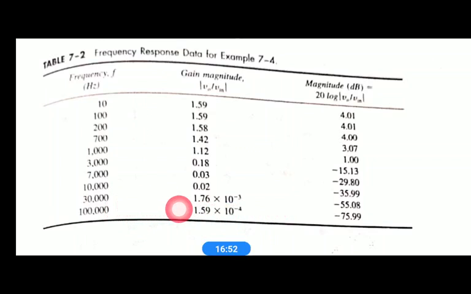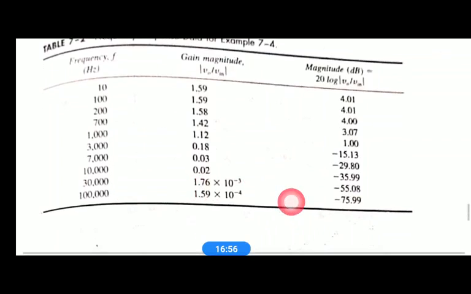Here you can observe very clearly, when you increase the frequency f after fH, from 3000 to 30,000, a 10 times increase. For 3000 you will get minus 15.13 dB as the gain. For 30,000 you will get minus 55.08.